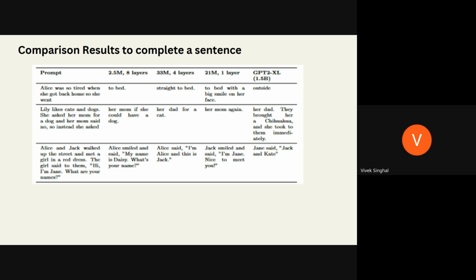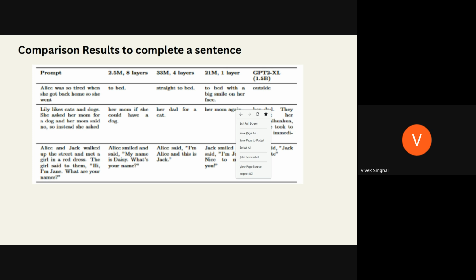These are not pre-trained models; they are custom neural network models. And 2.5M, 33M, 21M are the number of parameters, right? Parameters, yes.